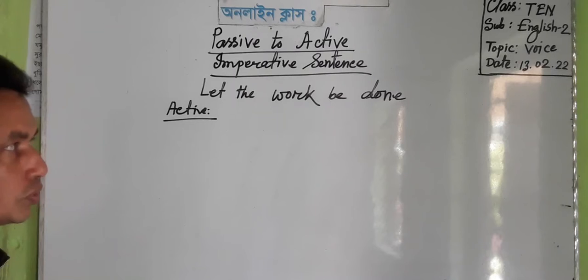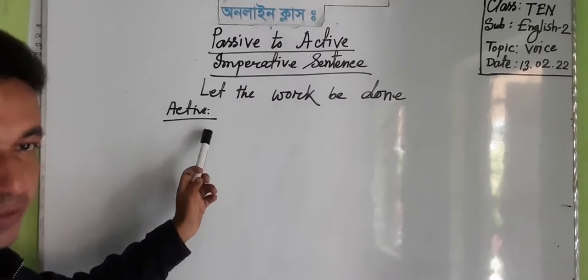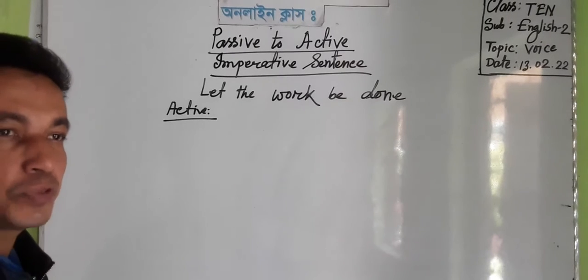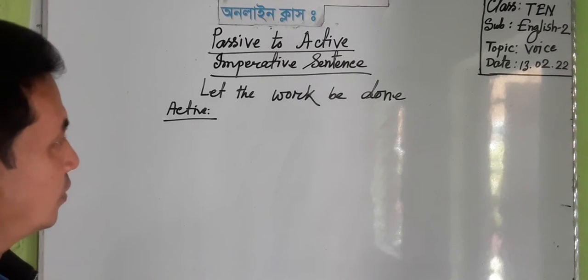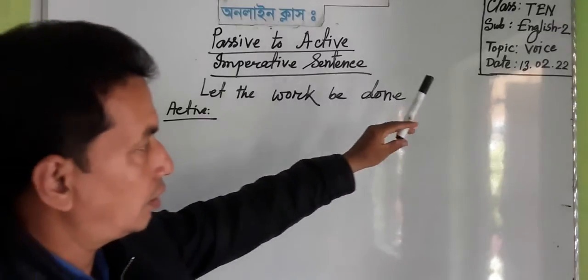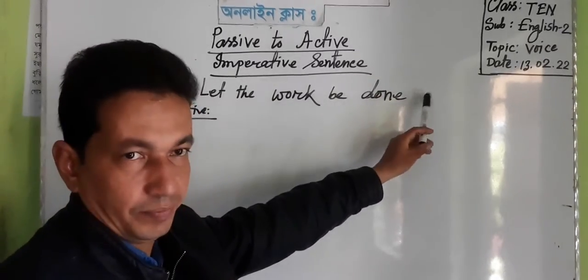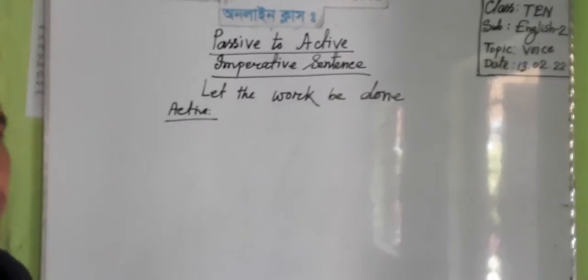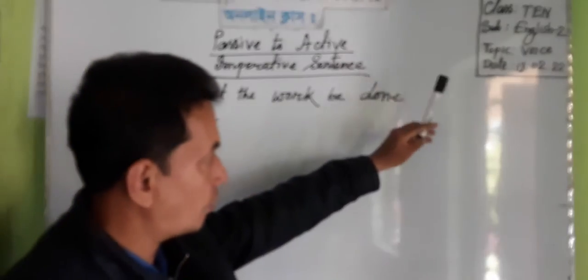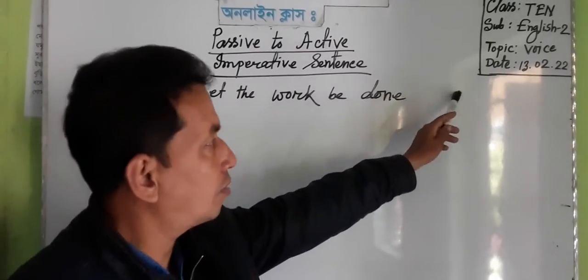And if we want to change the voice, at first we have to watch whether there is an object after the verb. In this sentence there is no by or object at the end of the sentence.